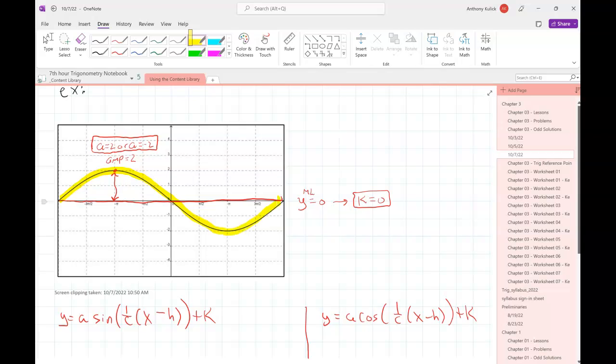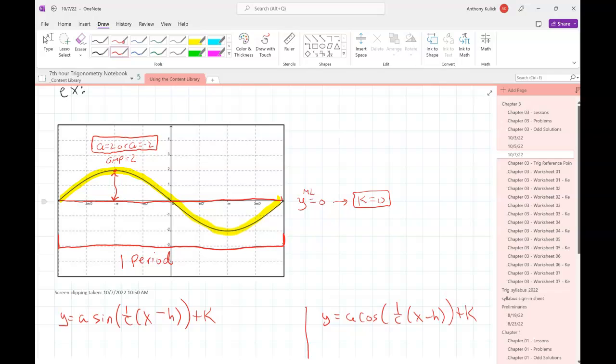Everybody agree? Where I have an up, and then I have a down, and then at the very end, I'd be starting my next up again. So this entire thing is one period. Everybody's okay with that?